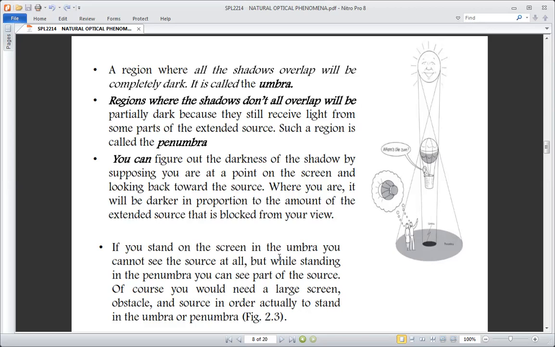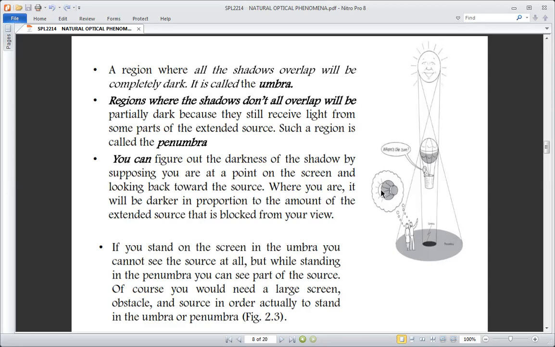You can figure out the darkness of a shadow by supposing you are at a point on the screen and looking back towards the source. Where you are, it will be darker in proportion to the amount of the extended source that is blocked from your view. If you look at this figure here, if somebody stands on the portion that is gray, they will only see a section of the source of light. You'll be able to see these two people, whatever is shown here, I don't know whether you can see the cursor.